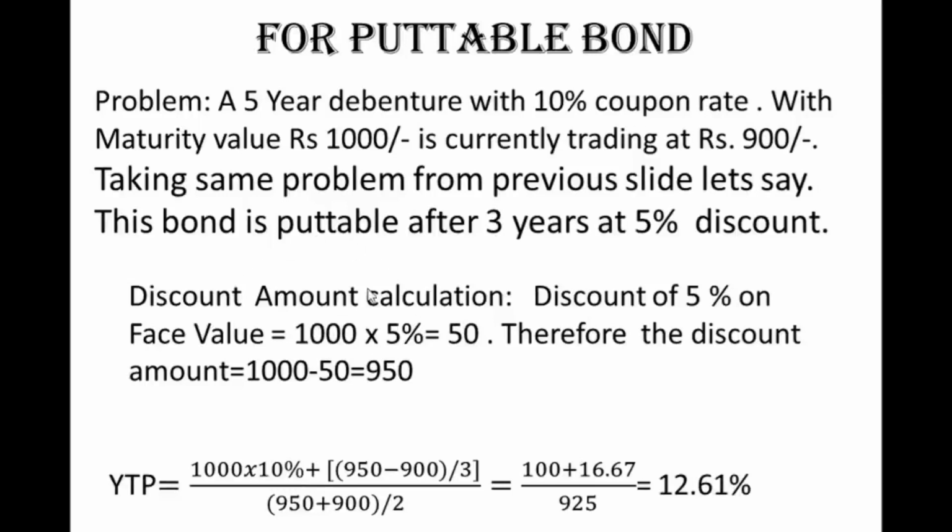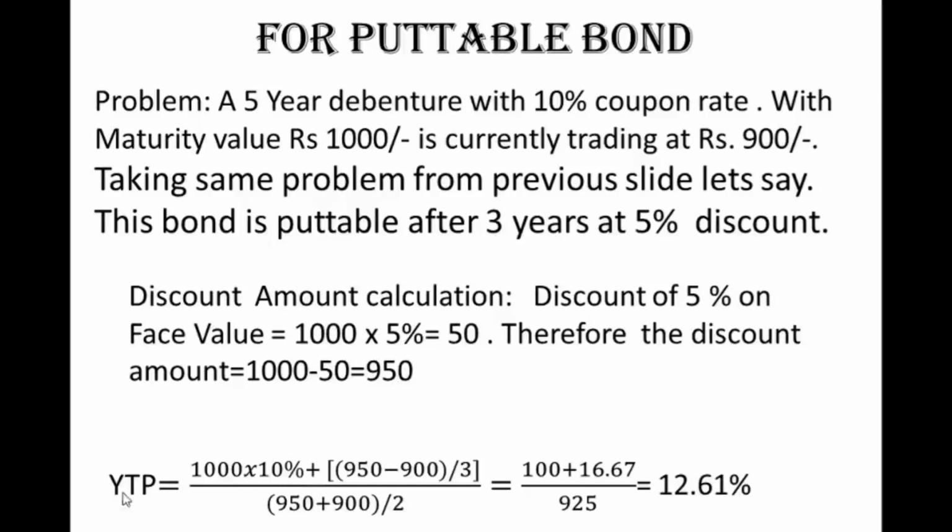So the discount amount calculation: it will be 5% discount on the face value, of course. That will be 1000 multiplied by 5%, which is equal to 50. Therefore the redemption amount will be 1000 minus 50, which is equal to 950.